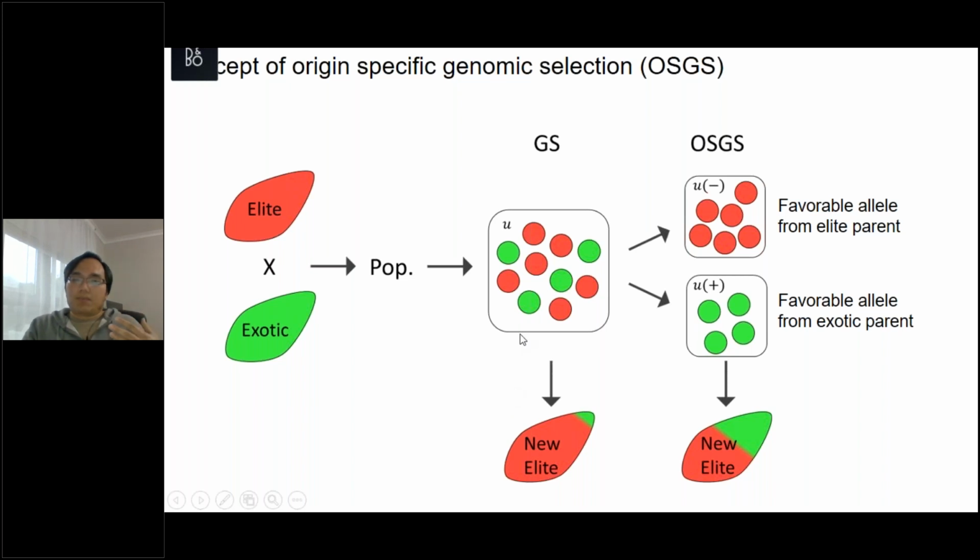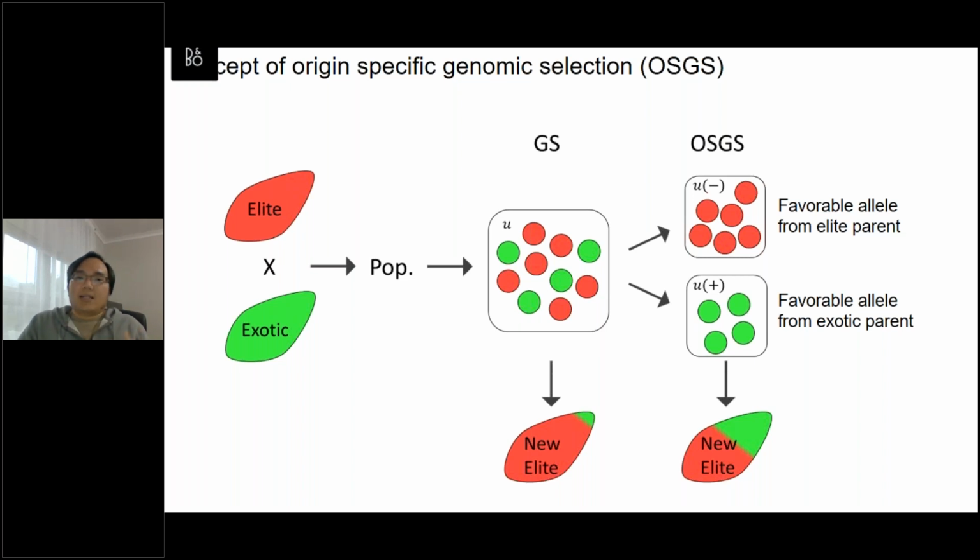Because the way selection works, it's a matter of probability. So in this case, it's not surprising that the elite parent would contribute more favorable alleles than the exotic parent. Take, for example, yield. Modern varieties are well adapted to high yield, but your wild varieties are not.